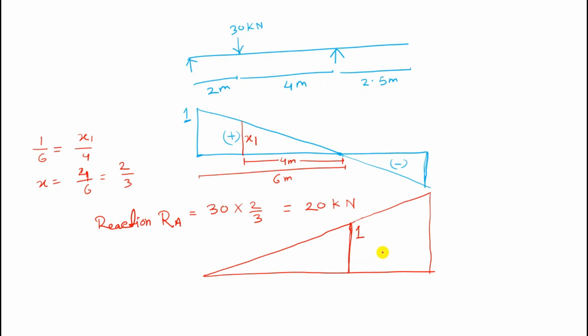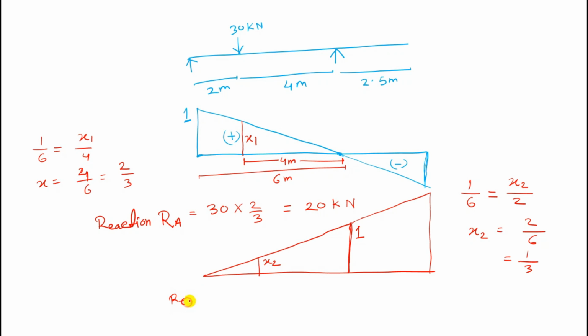So this x2 distance you have to calculate. We can write 1 by 6 equals x2 by 2. So x2 equals 2 by 6, that is 1 by 3.